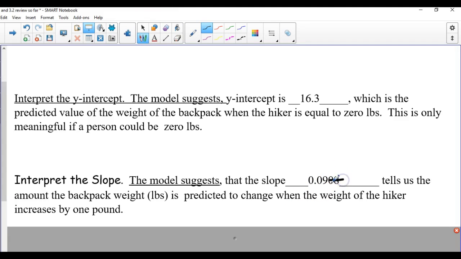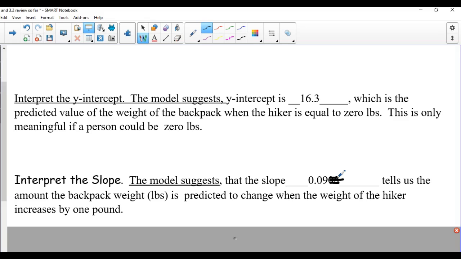It tells us the amount the backpack weight in pounds is predicted to change when the weight of the hiker increases by 1 pound.